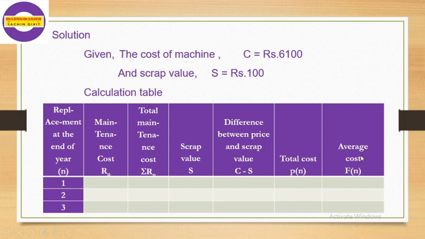And the last column is average cost. Average cost means we divide the total cost by the number of years. In the first row we divide by 1, in the second by 2, in the third by 3, and we get the average cost.